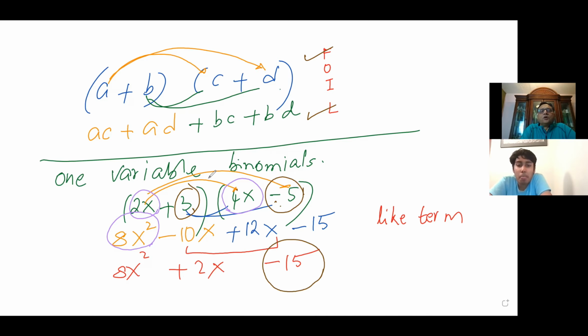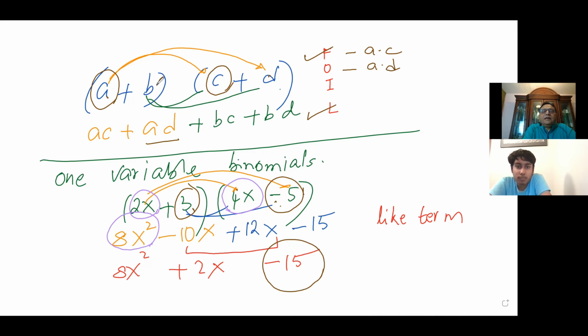Okay. So basically, if you look at it, first you did multiplication of A and C, correct? Yes, sir. AC. Then you did outer, which means AD. Do you see that outer AD? A and D are outer.